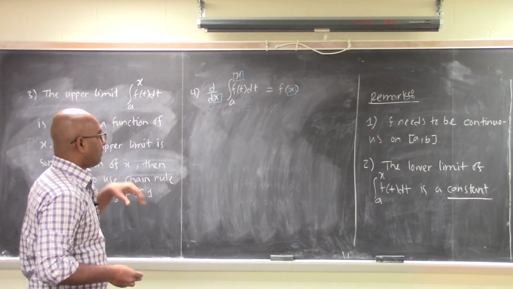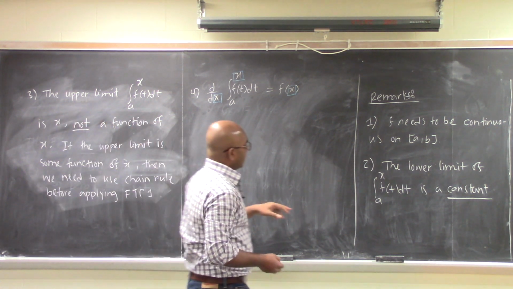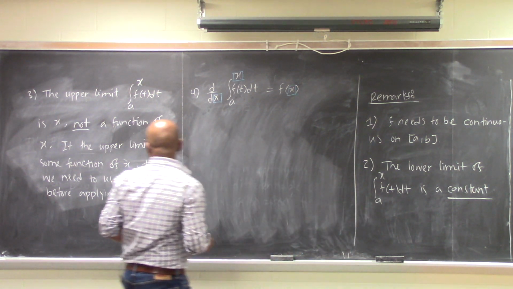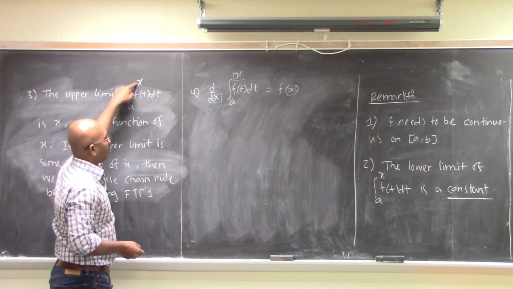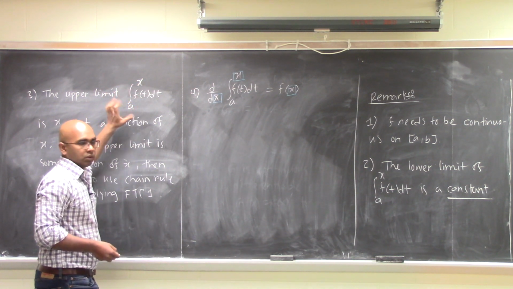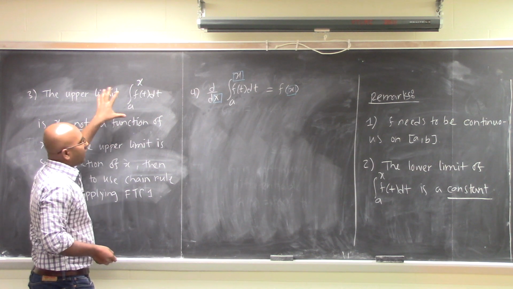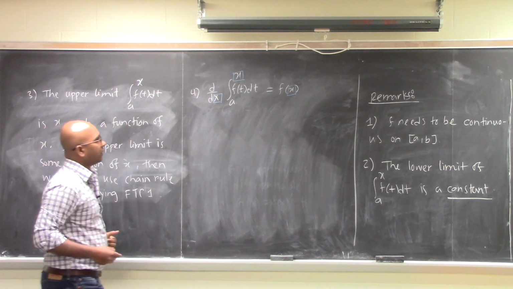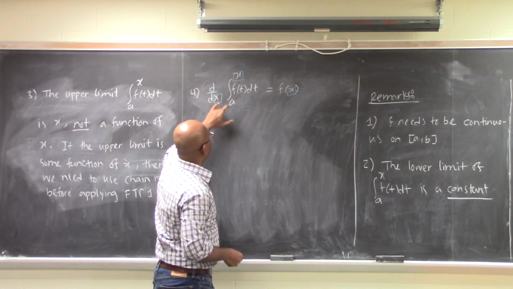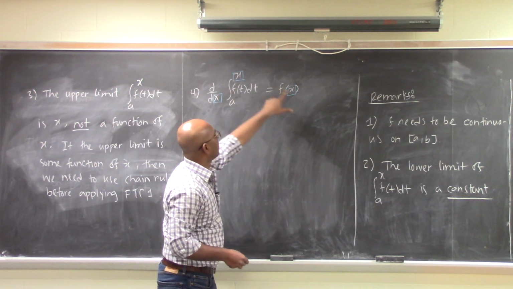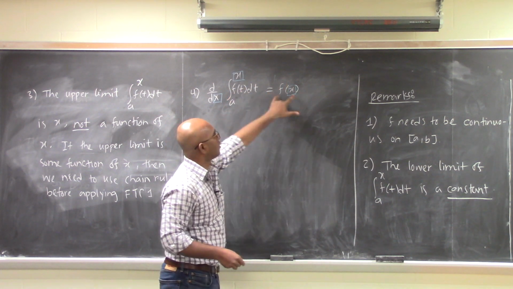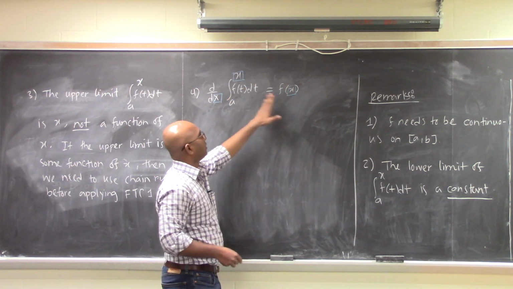When you apply FTC1, you need to notice that the lower limit is a constant, and the upper limit is the variable that you are differentiating with respect to. If it is not, then you need to change the thing a little bit. If you differentiate this guy with respect to x, it is going to be f evaluated at x. It's not f prime. Notice the same f goes over there. Just the variable changes.